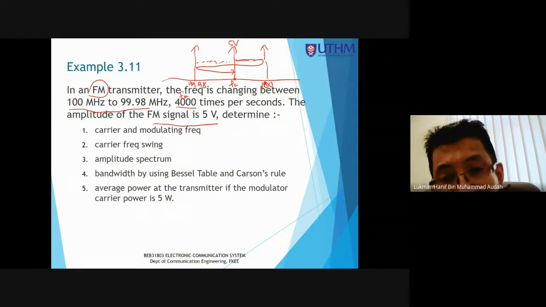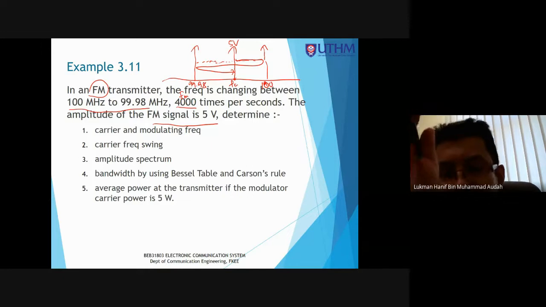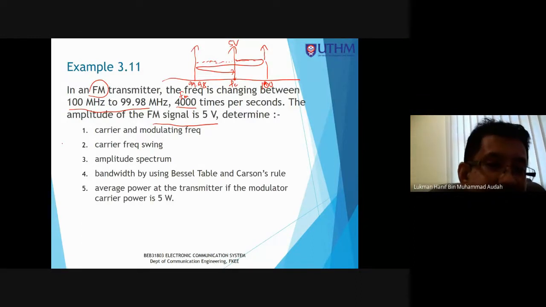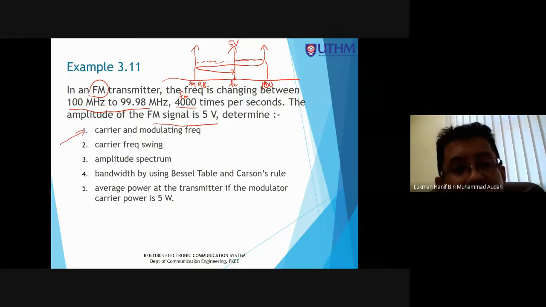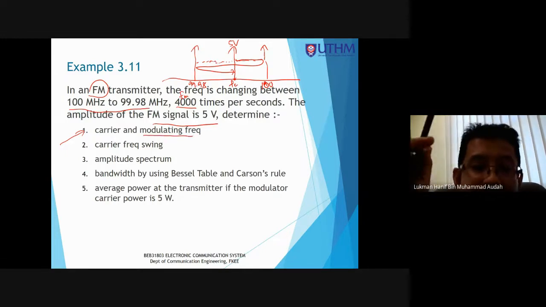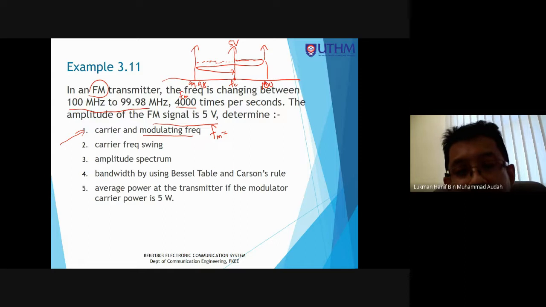Even by estimating, I can already see that FC is in the middle, meaning it is located at 99.99. So in the middle. The first question: find the carrier and modulating signal frequency. The modulating signal frequency we can already know from the rate of oscillation, which equals the modulating frequency, 4,000 hertz or 4 kilohertz.